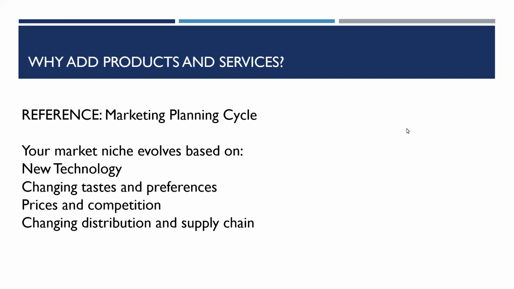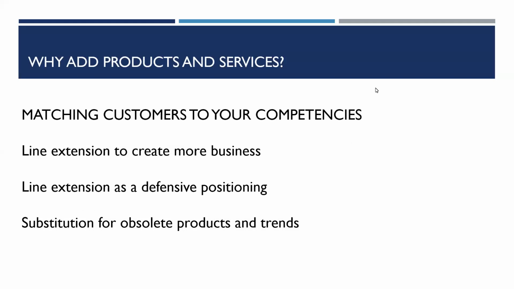Pricing can change, costs change, etc. And therefore, the issue really is, well, what are the changes and what are the markets going to be like? And also, matching customers to your competencies. It does very little good when you're small to determine that you need to come up with something that you can't deliver.